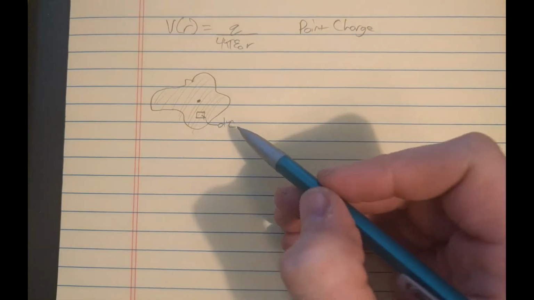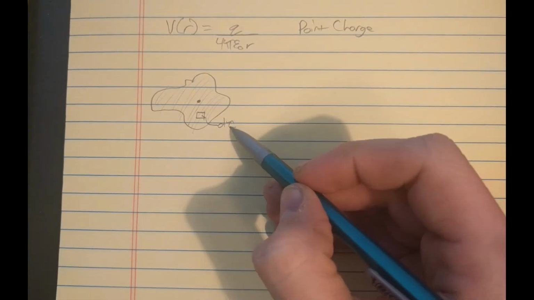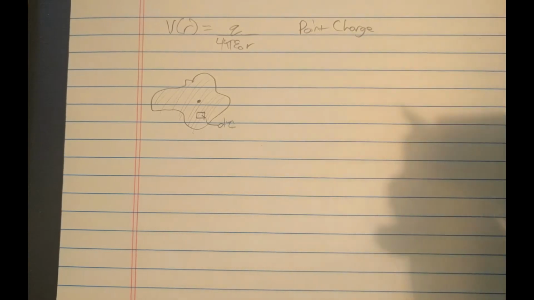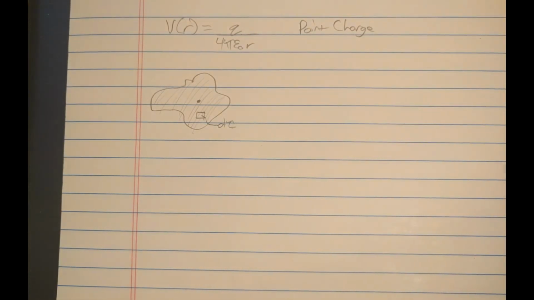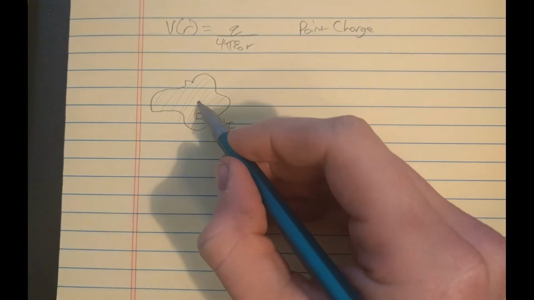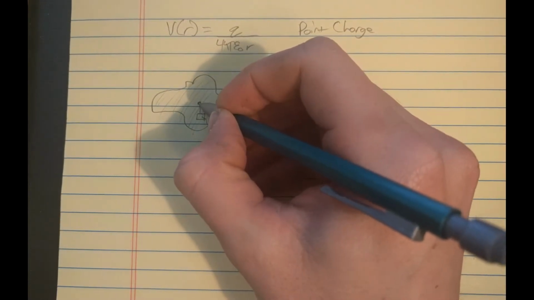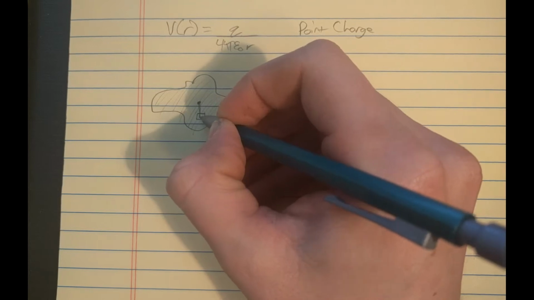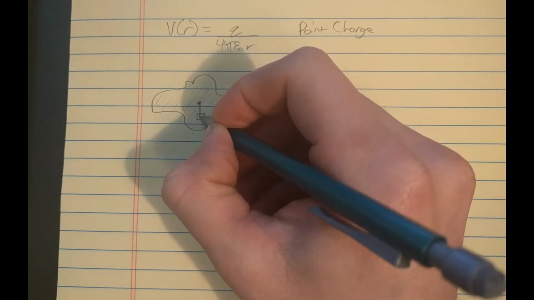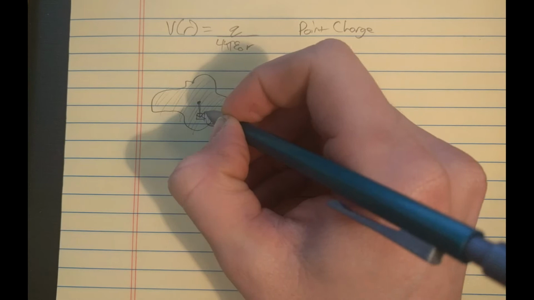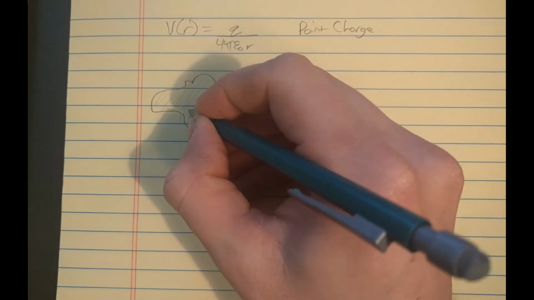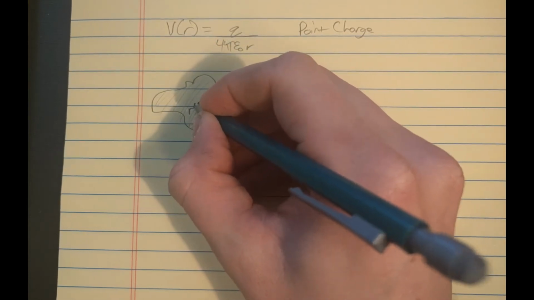Most of the time you're working in 3 dimensions though, so d tau will be a volume. So we will denote a vector from our origin to the charge we're considering, our infinitesimal charge, by r prime.